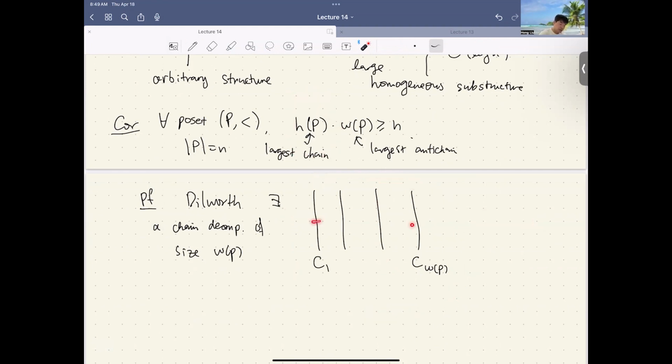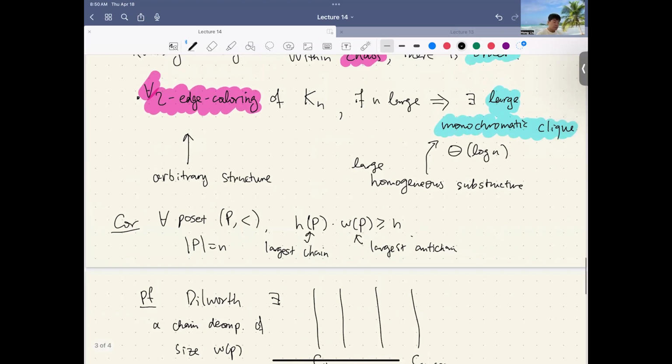So W times H is, yeah. So n equals the union of Ci, which is at most the width of P times the height of P. So easily we can derive that at least one of them is at least square root n.